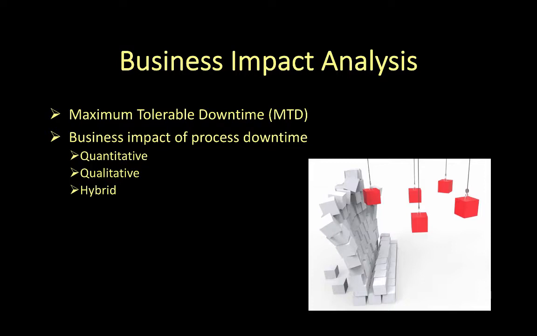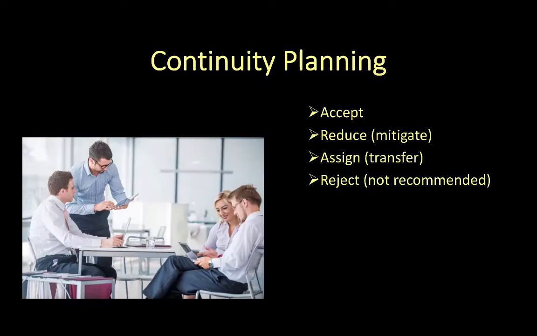A hybrid approach uses both dollars and values when complete dollar analysis is not possible. One important consideration during impact analysis is how regulations might affect process downtime. During impact analysis, the team prioritizes processes and associated infrastructure.